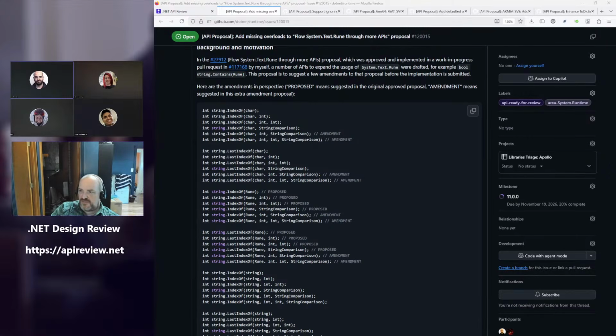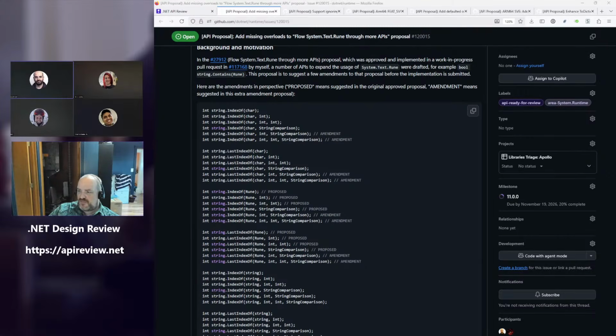And we discovered there are extra overloads that make sense to have, in addition to what we have added. If you look at this list, whatever is listed here without any comment at the end is what we have today. And what he listed as amendment is what is proposed to add here.